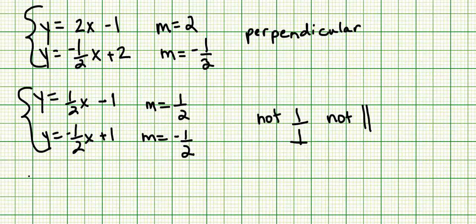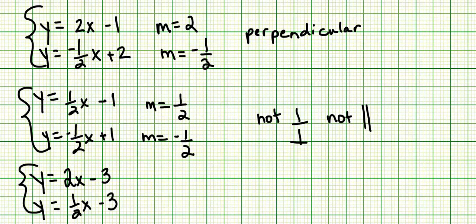And let's do maybe one more pair. Let's see, y equals 2x minus 3. For some reason, I'm stuck on 2's, which is fine. And y equals 1/2 x minus 3. So when we're looking at this third set of equations, the first one has a slope of 2.